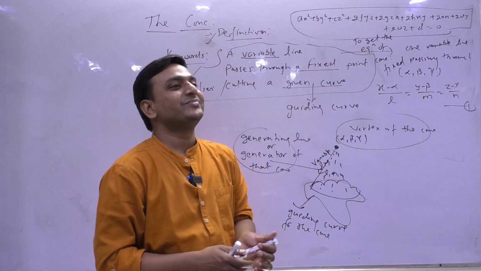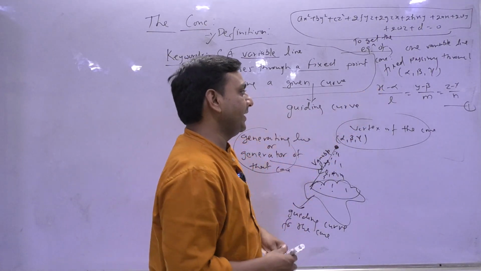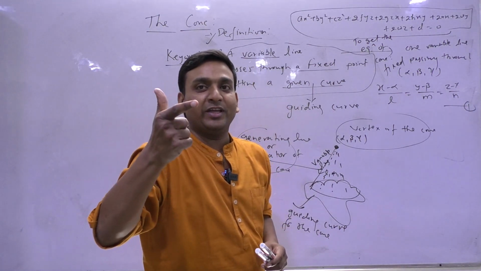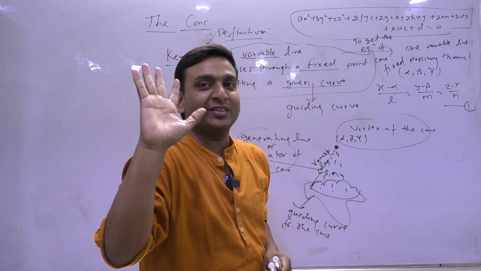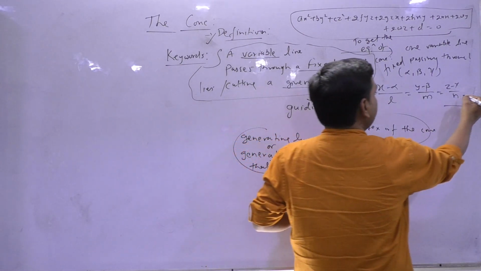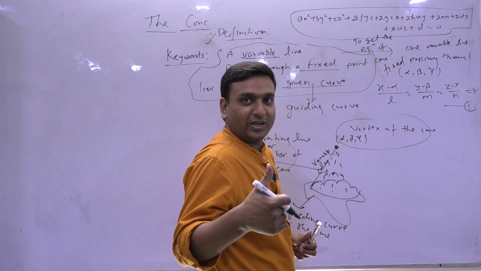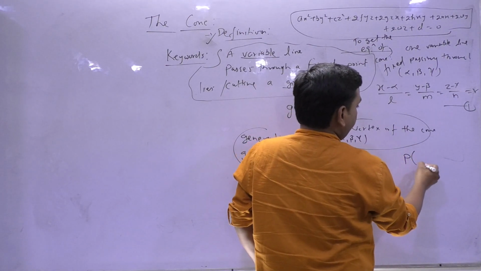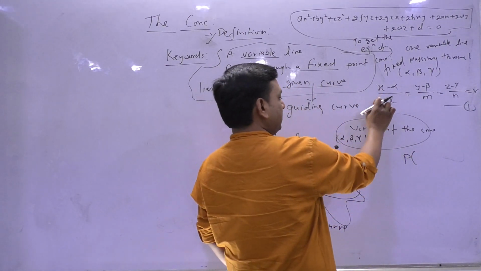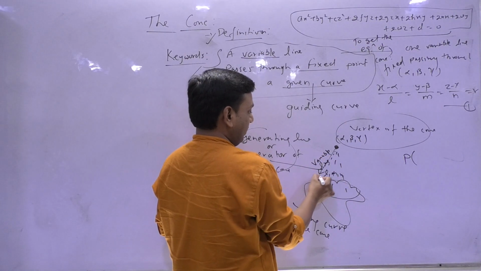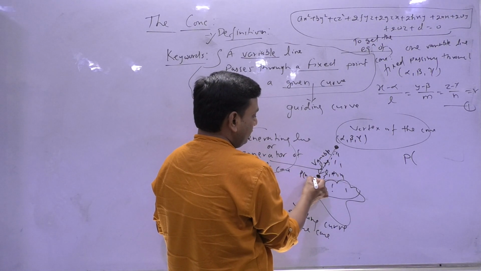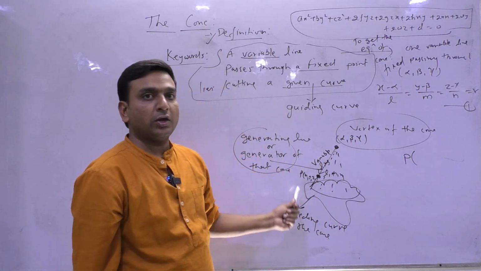Now, whenever I give you a line, what do you think? An arbitrary point on that line at a distance r. If I want to find the coordinates of that point P on this line, let's say the point is here, P(x, y, z), because I want to get the locus.